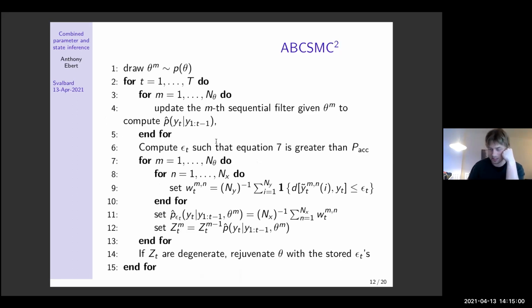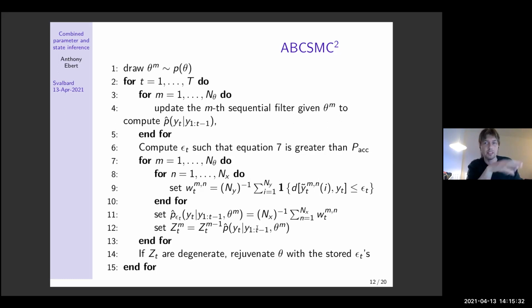But then when you rejuvenate these theta, you've got to be careful, because even though we have this method for choosing epsilon, we've got to make sure that once we regenerate these theta and we compare them with the theta proposals we already have, we're making a fair comparison.